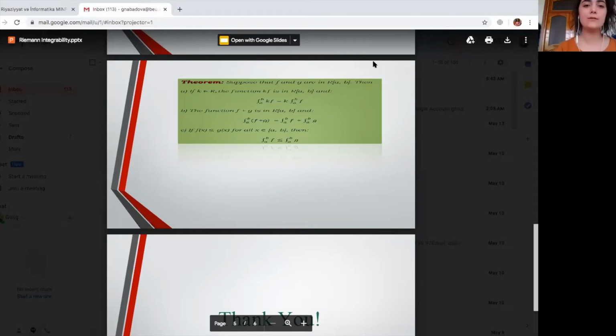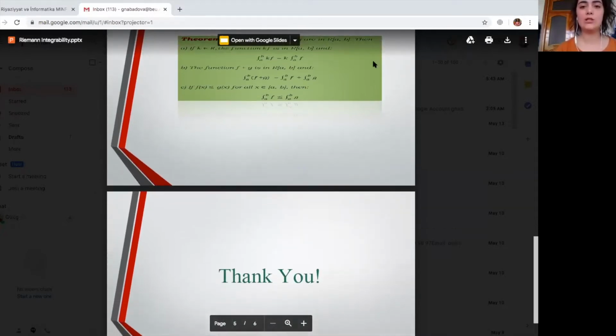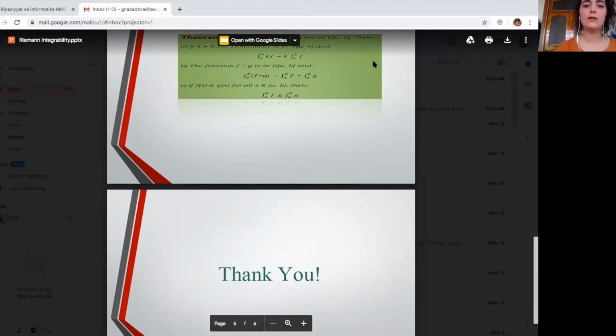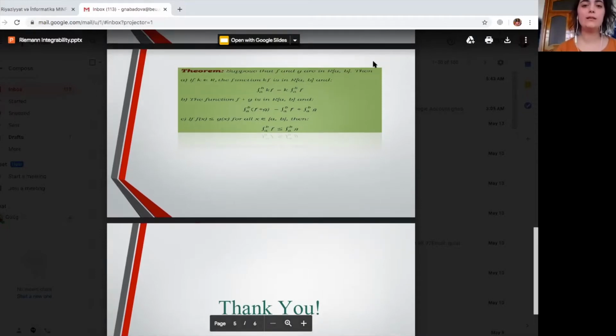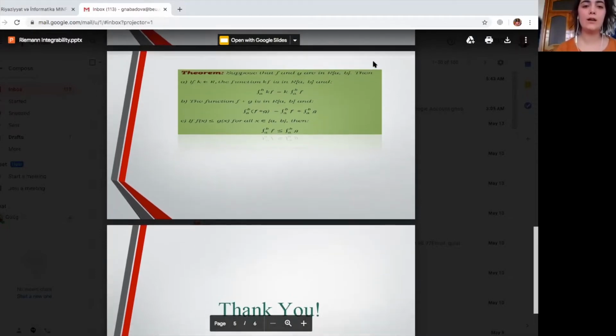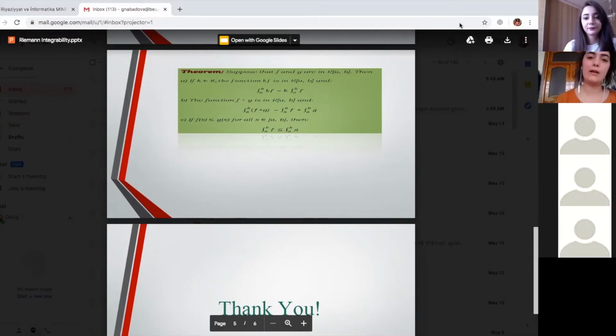And the next one: if you want to write the sum f plus g, we write it separately in integral, which is the integral of f plus the integral of g. And the last one is if f(x) is less than or equal to g(x), then we write the integral of f is less than or equal to the integral of g.